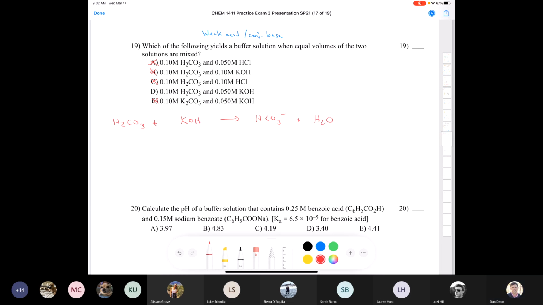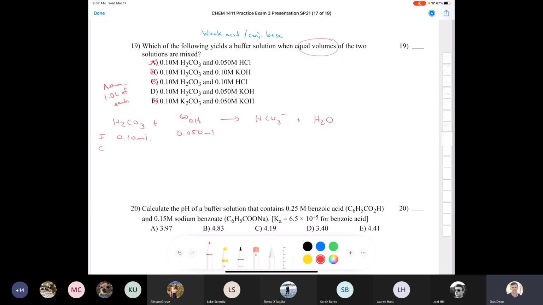I'm going to assume that I have 1.0 liters of each, because I have equal volumes of the two solutions. So that means that I would have 0.10 moles of carbonic acid, and I would have 0.050 moles of the potassium hydroxide. So the hydroxide is going to be my limiting reactant. I'm going to eliminate the potassium because it's a spectator ion.